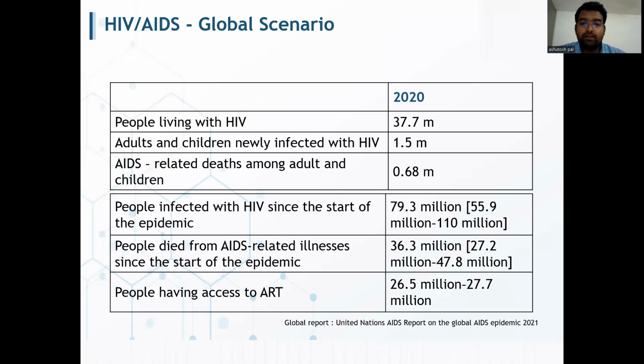Now, the current scenario of 2020: people living with HIV are 37.7 million. Adults and children newly infected with HIV are 1.5 million. AIDS-related deaths among adults and children is 0.68 million. People infected with HIV since the start of the epidemic are 79.3 million, which is a range somewhere between 55.5 to 110 million.